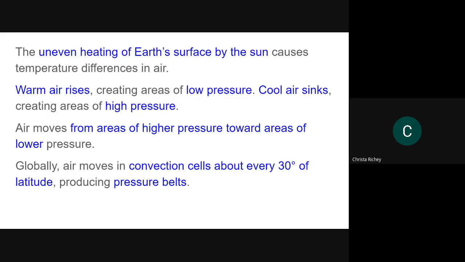So you've got one going both north and south, between the equator and 30, between 30 and 60, and then between 60 and 90. And each one of these sections, they have names for their winds, but that's really tomorrow's topic. But in general, they're called pressure belts. We will learn their names tomorrow. Go through all of this.